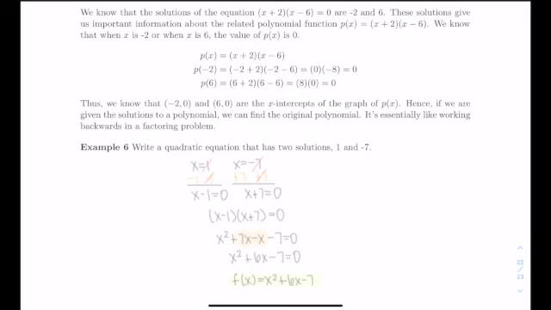So all we're going to do is we're just going to work backwards from factoring. So I want to write a quadratic equation that has the solutions 1 and -7. So we know that x equals 1, and we know that x equals -7. We want to set both of these equal to 0. So I'm going to subtract 1 from both sides.